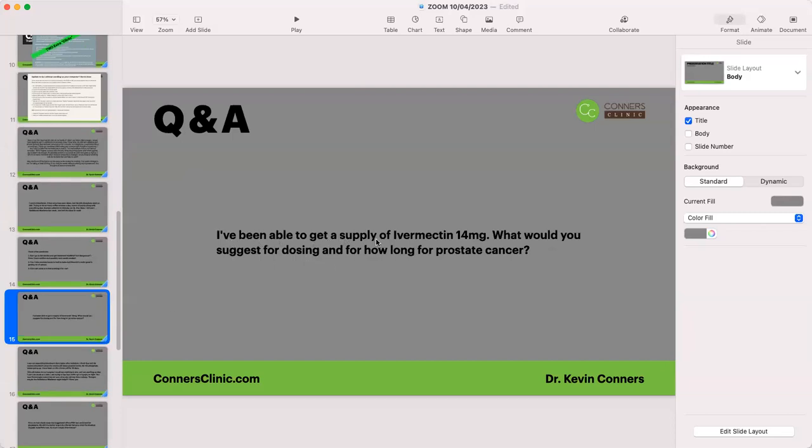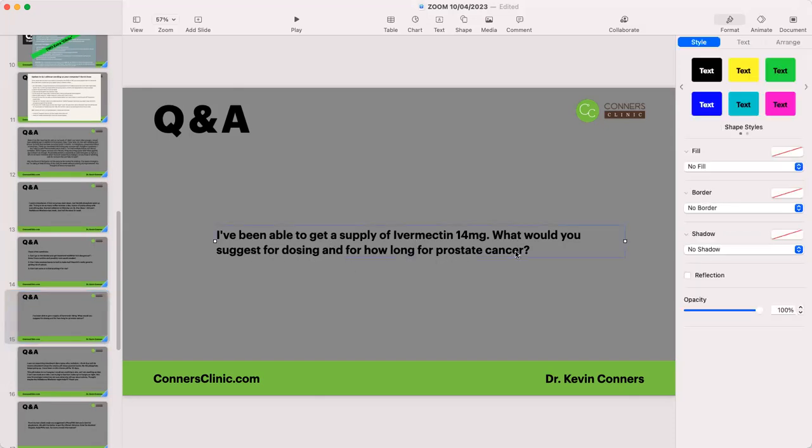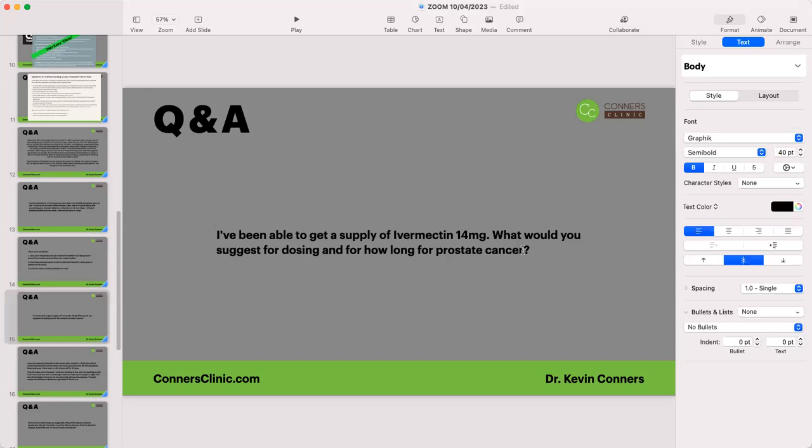I've been able to get a supply of ivermectin. What would you suggest for dosing and how long for prostate cancer? Well, ivermectin is a prescription drug, so I can't give you too much detail on that, except that there's a lot of data out there that they have been covering up since COVID about the benefits of ivermectin for cancer.